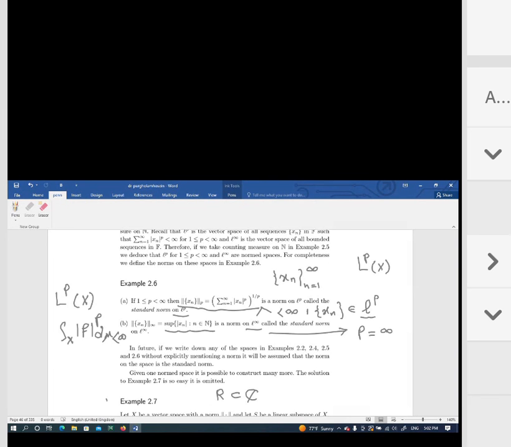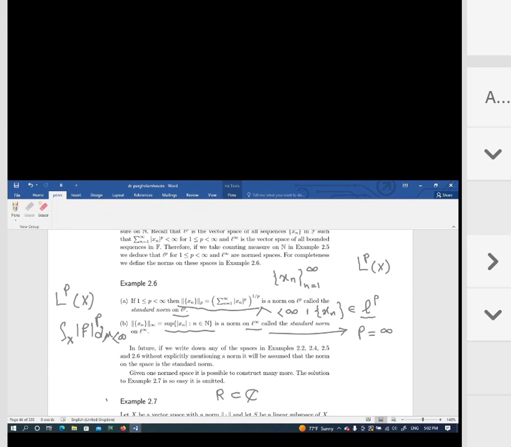For p equals infinity, the norm of such a sequence x_n in l infinity is the supremum of the absolute value of x_n over all n. This is a norm on l infinity.